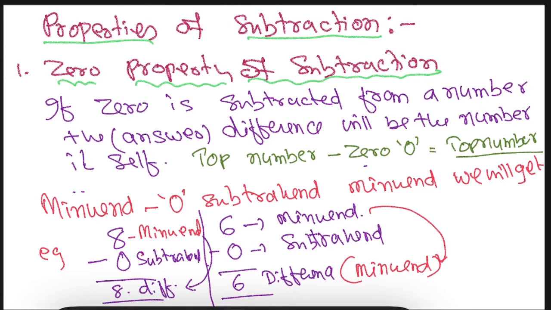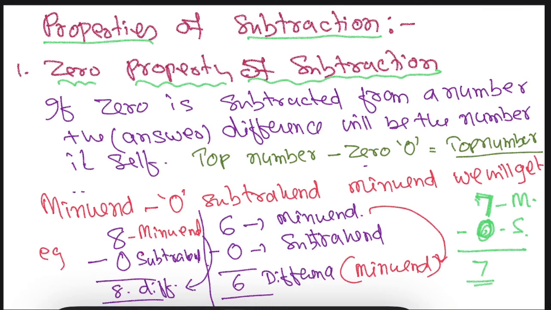Suppose our top number is 7, the minuend, and the bottom number is 0, the subtrahend. If you subtract 0 from any number, the answer will be the number itself.